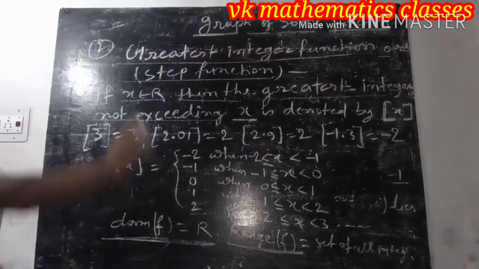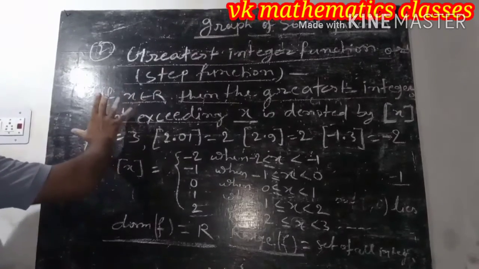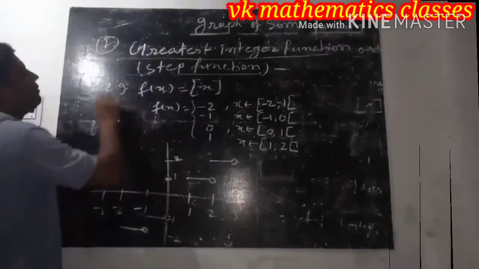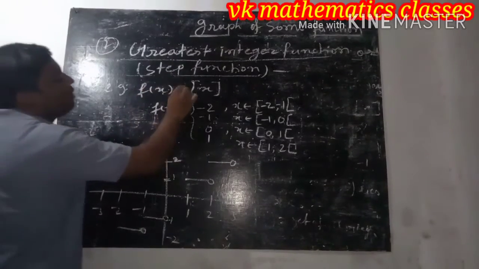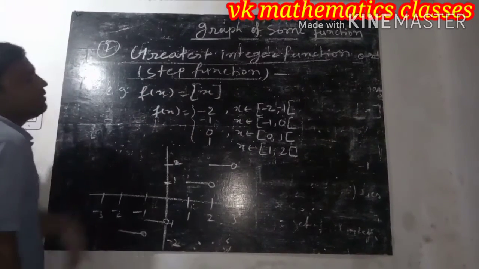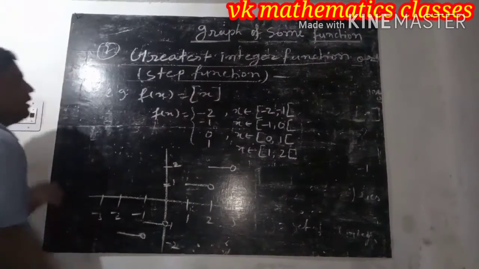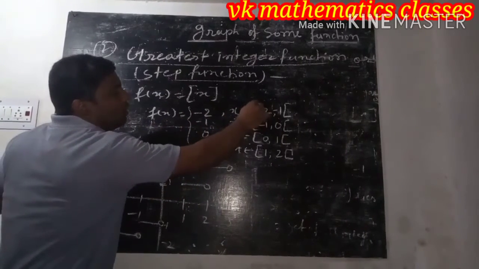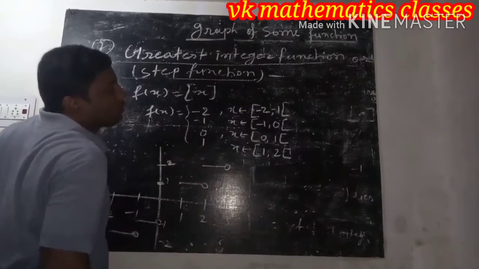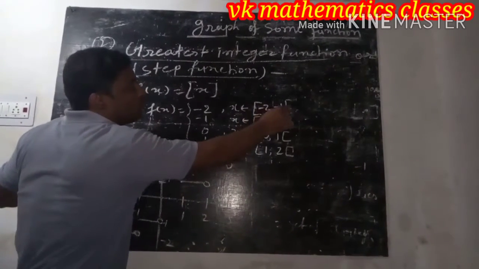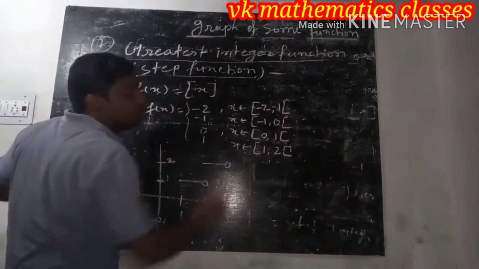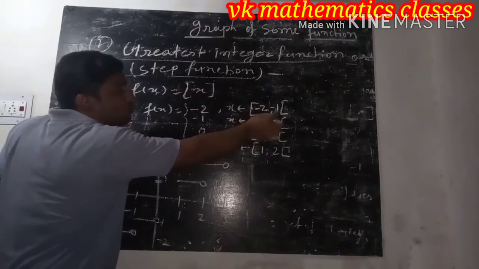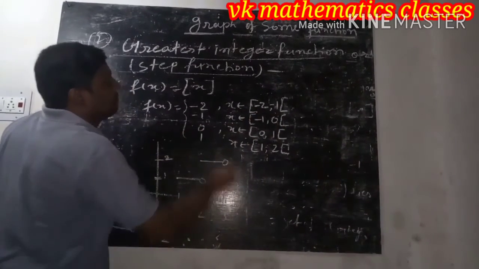Now we draw the graph of the greatest integer function. For example, f(x) equal to the greatest integer of x. Here f(x) equal to -2 means x belongs to the closed-open interval [-2, -1), which includes -2 but not -1.